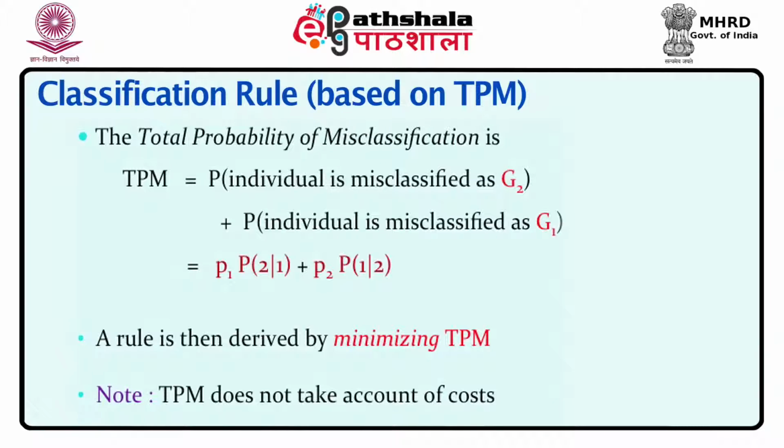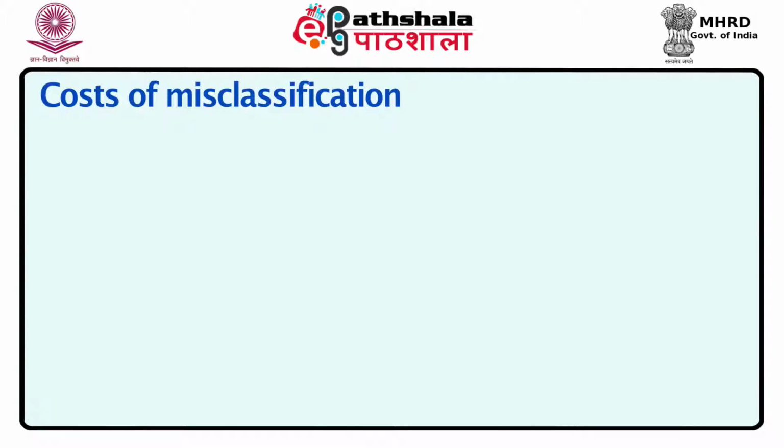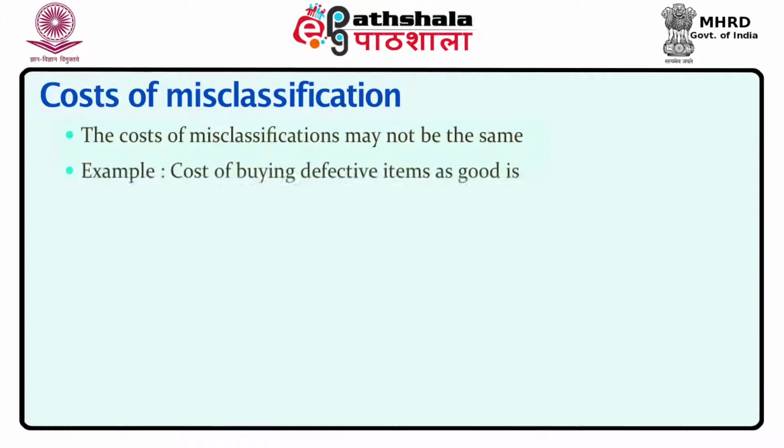However, the TPM does not take account of the costs of misclassification. Now, cost of misclassification is important. Let's look at an example of this. This cost may not always be the same. For example, when you go and buy some item, if you buy a defective item thinking it is good, but it is not, you have a certain cost associated with this.